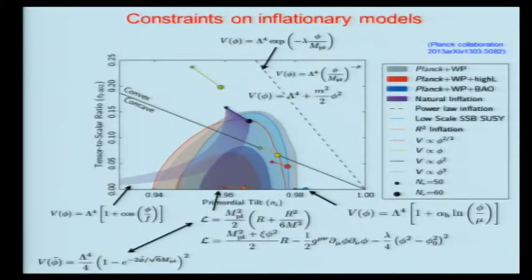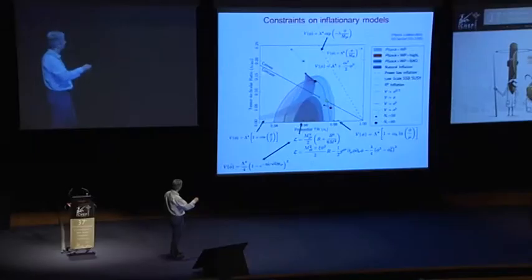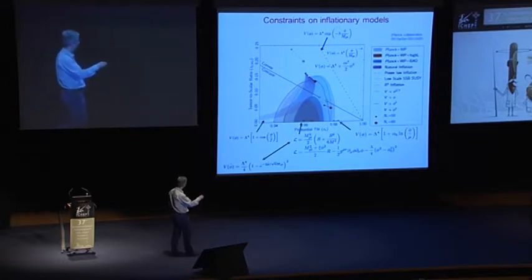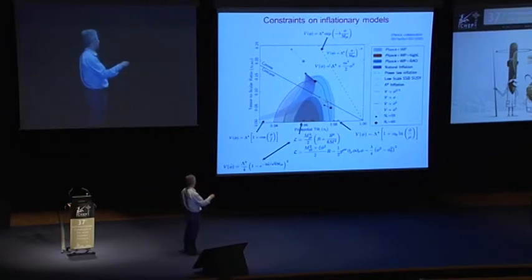So there are also constraints on inflationary models. I think Alan was presenting some models in his talk. Here we have more specific models that have been provided in the literature. And in particular, the main result here for Planck is that the small field concave models are preferred compared to the large field convex potentials.